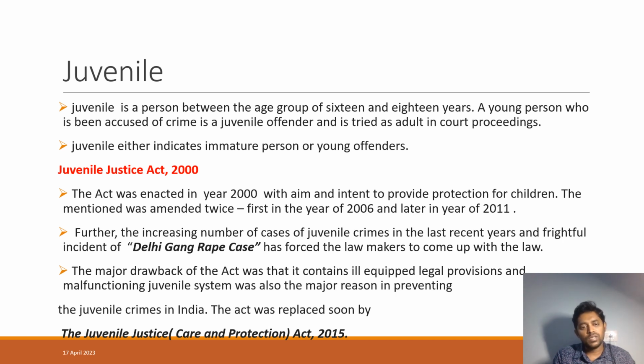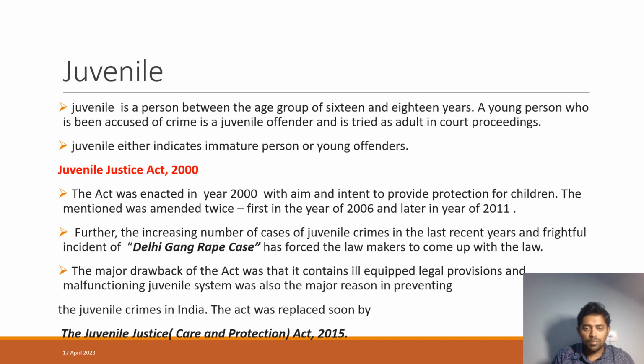Juvenile Justice Act 2000. The Act was enacted in the year 2000 with the aim and intent to provide protection for children. The Act was amended twice, first in the year 2006 and later in the year 2011.